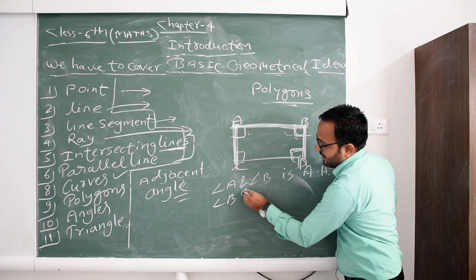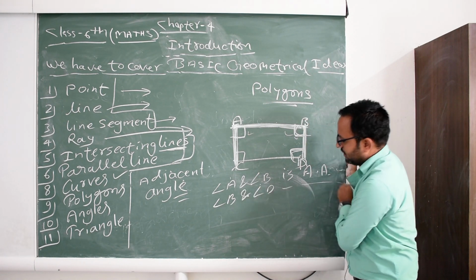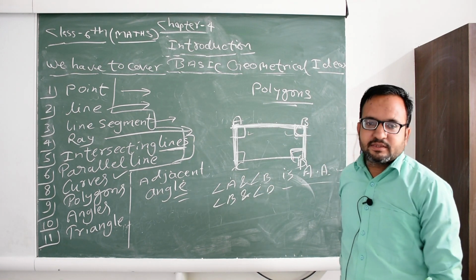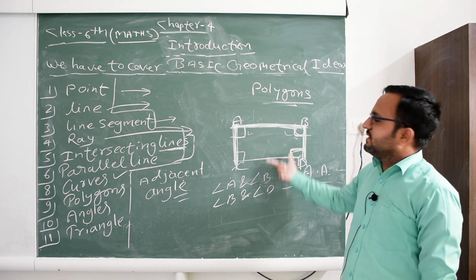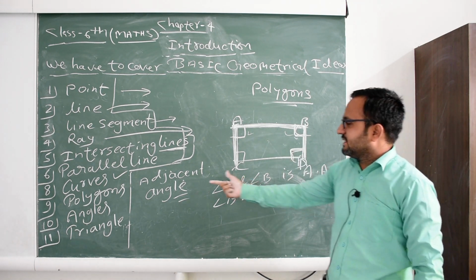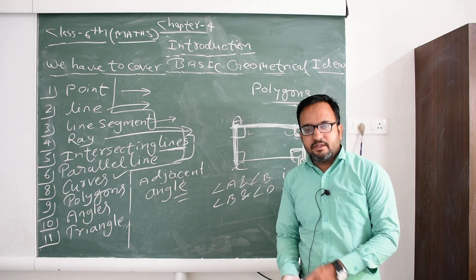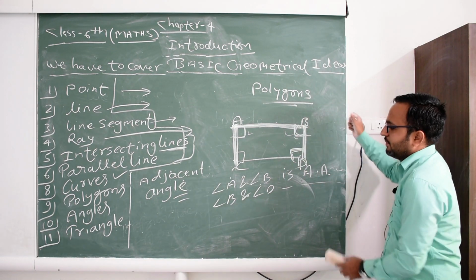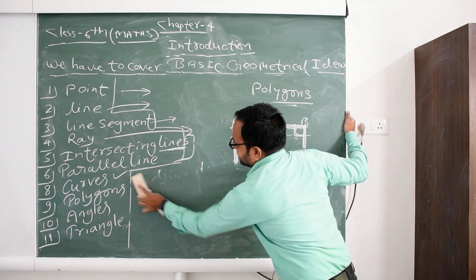So angle B and angle D are also adjacent angles. So this is the concept of adjacent sides and adjacent angles. This is your polygon concept.